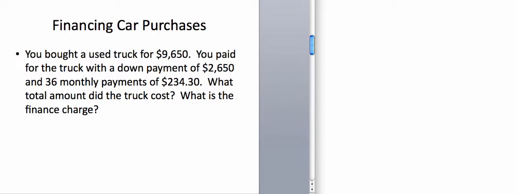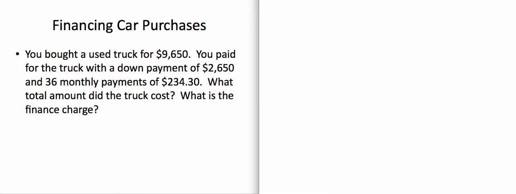So we have this problem here. You bought a used truck for $9,650. You paid for the truck with a down payment of $2,650 and 36 monthly payments at $234.30. So we're going to take 36 and multiply that by 234.30, our number of months times the monthly payments.